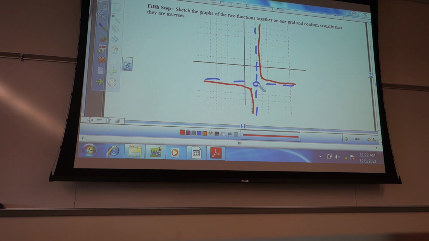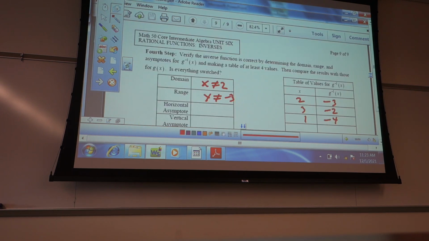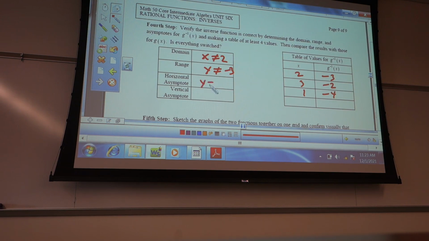Well, is my y or my x -3 here at the center? My y is, so y equals -3 is the horizontal asymptote, the line it can't touch. And then my vertical must be x equals 2, because if x can't be 2, the line it can't touch is x equals 2.